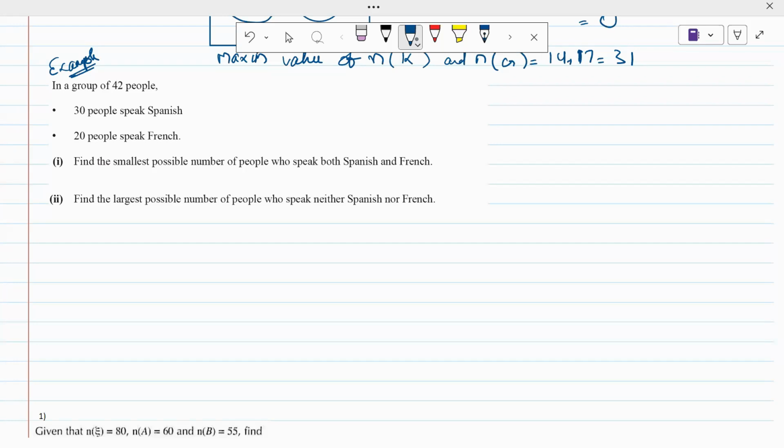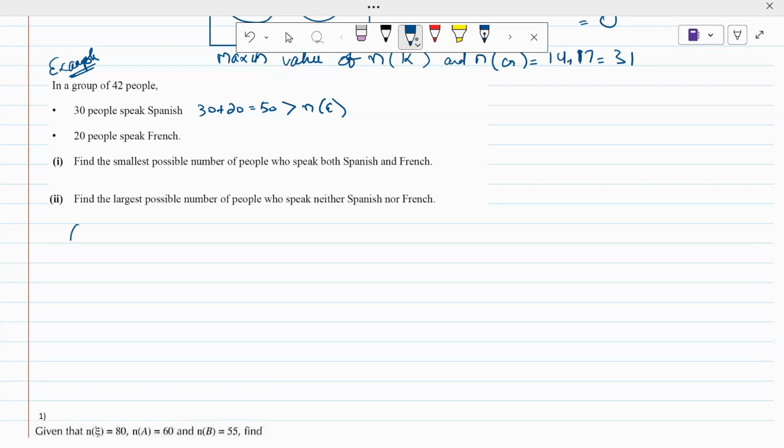No, that's correct, because 30 plus 20 is 50, which is greater than the universal. That means disjoint set is not possible by any means here. So we ignore disjoint set and we only focus on small intersection and subset. So these are the only two possibilities to be considered.